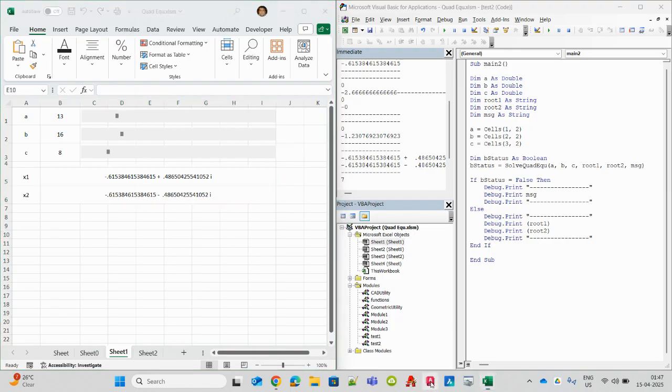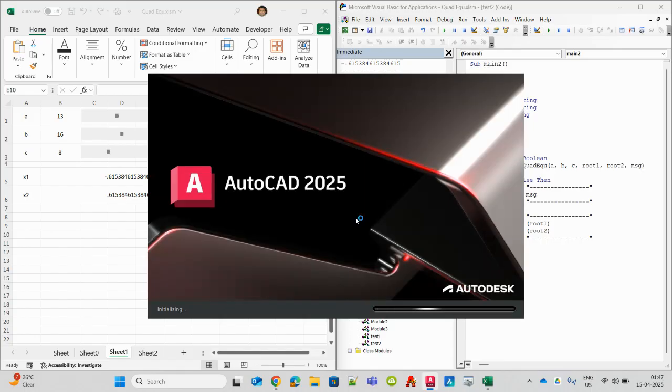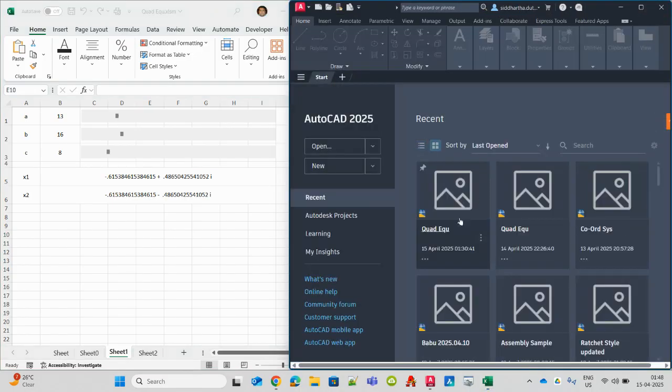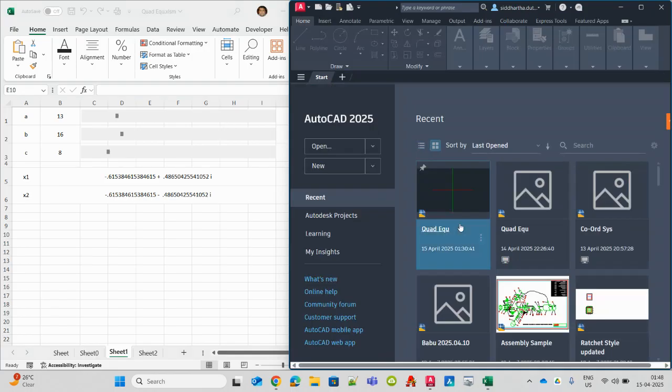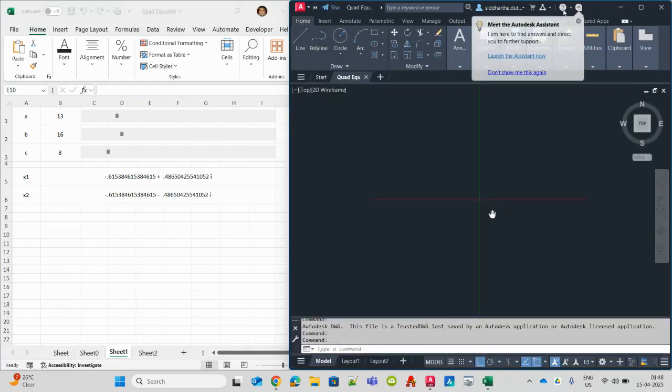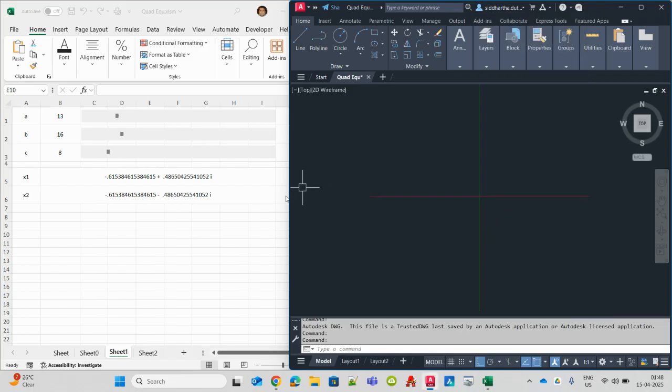But what actually is a root? What is the meaning of a root? Now if we start AutoCAD, this program always searches for a running AutoCAD instance. If a running AutoCAD instance is there, let's see how it handles that. Suppose we have the XY coordinate axes drawn already.